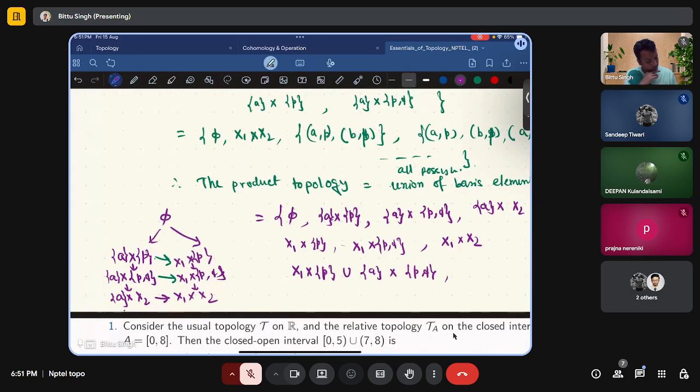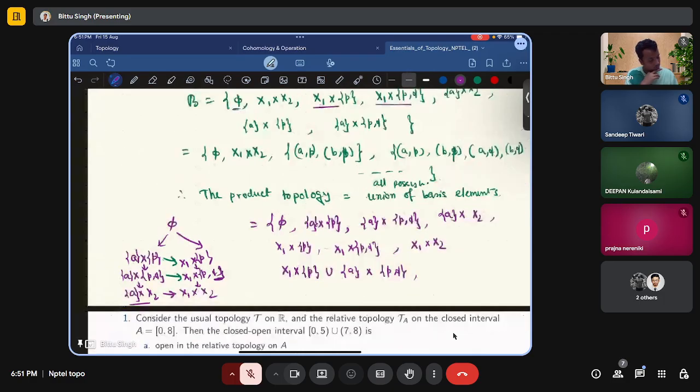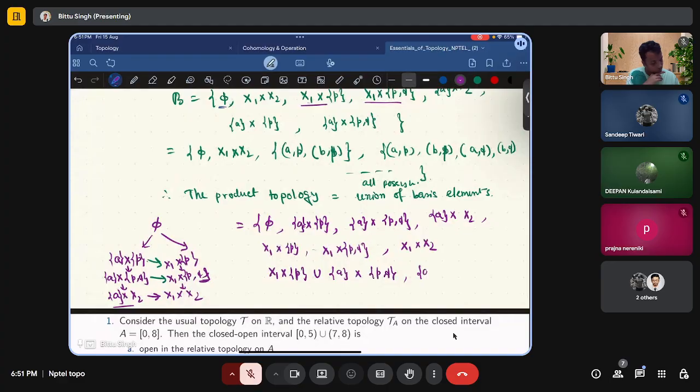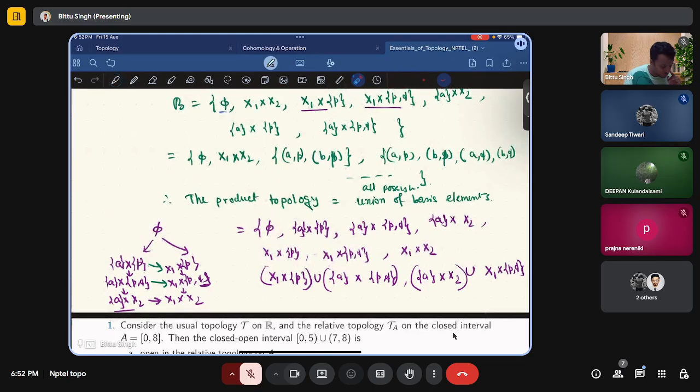Similarly, we need to take the union of this with this, right? So A cross X2 union X1 cross Q. But we also need to see that those kinds of unions should not be there, which will not be true.